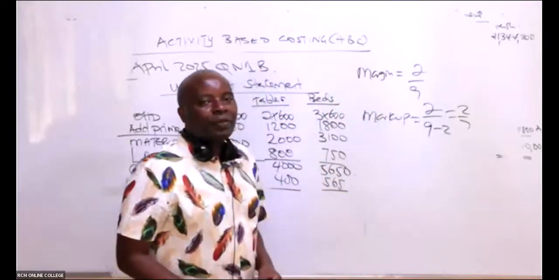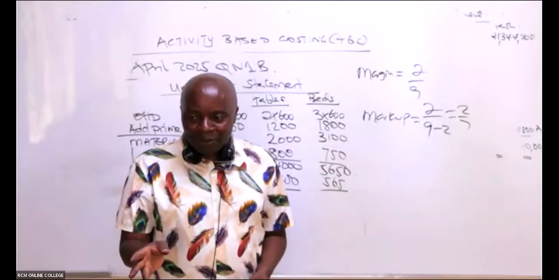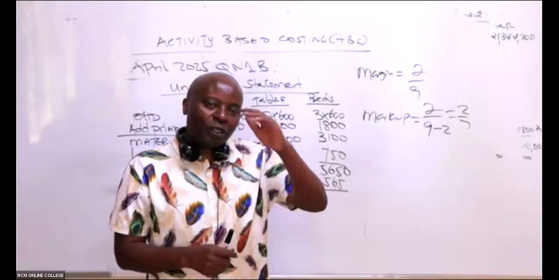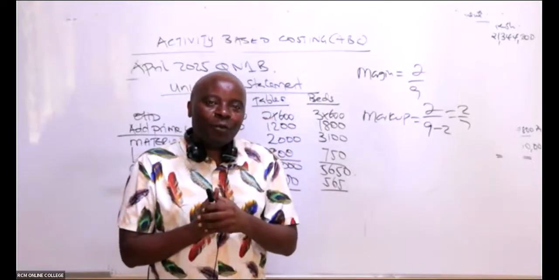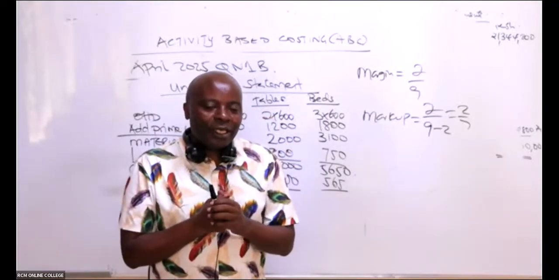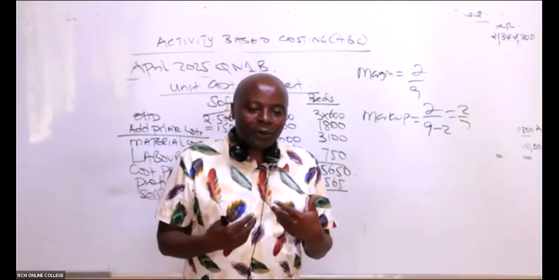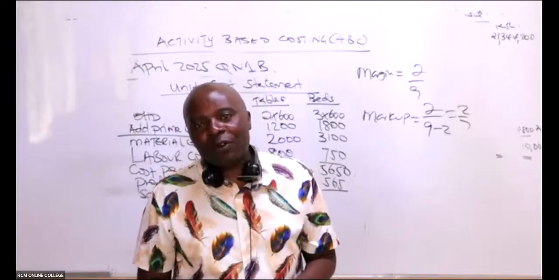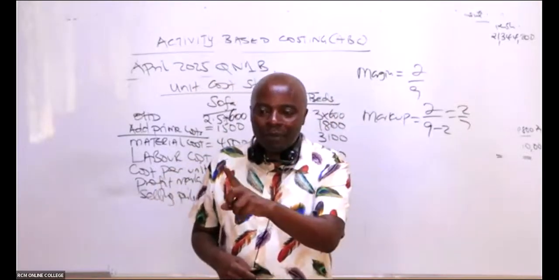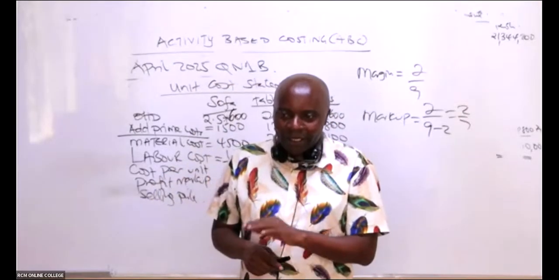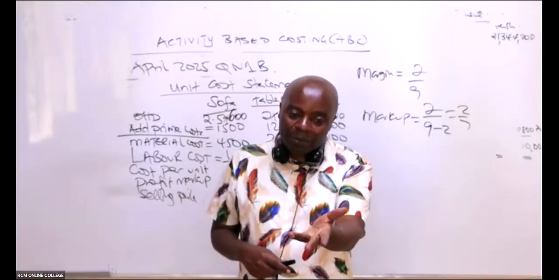If you look at your past papers, they'll give you costs, but in the additional information, they'll tell you that margin is 10%. I'm an economics student. I know that margin can never be multiplied with cost. It's markup that can be multiplied with cost to get profit.